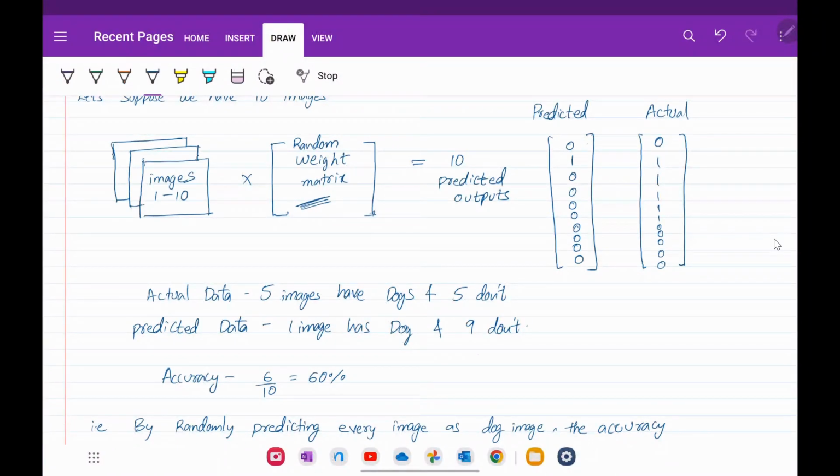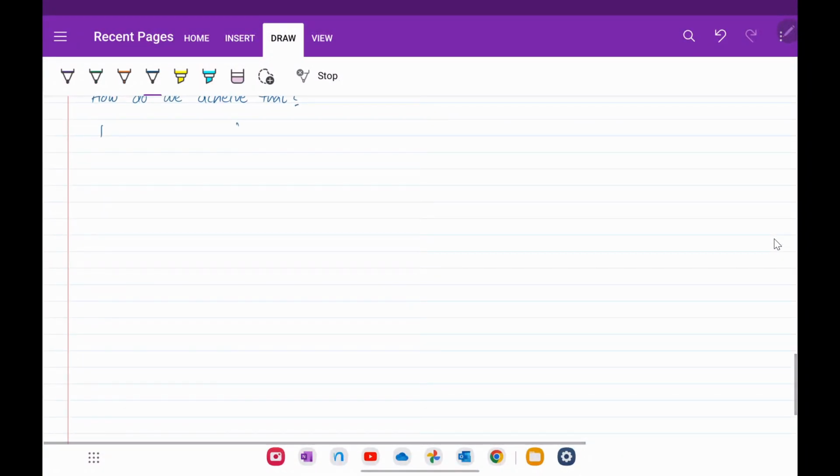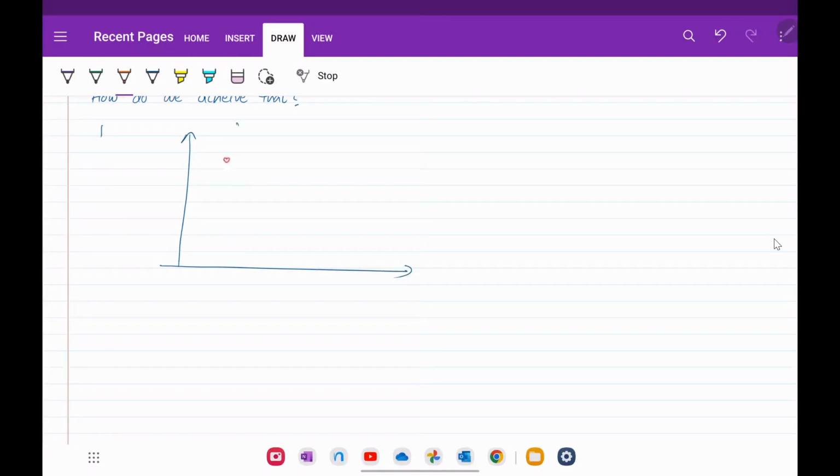One way to do that is to look at our loss. At the end of the day, we want the loss to be as minimum as possible.